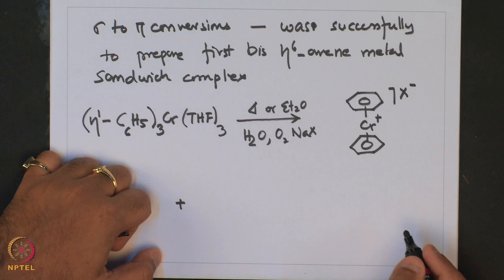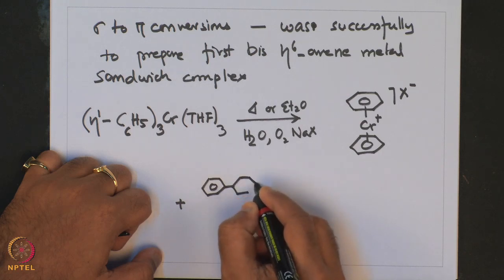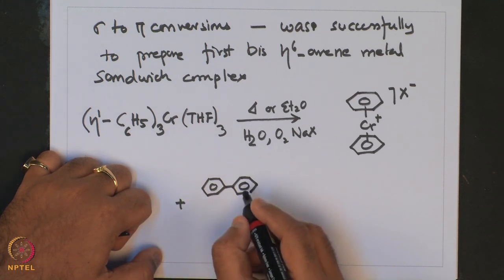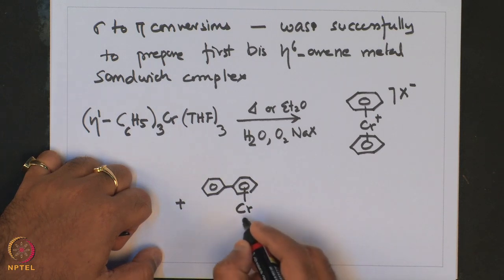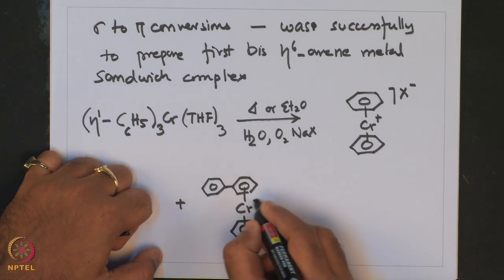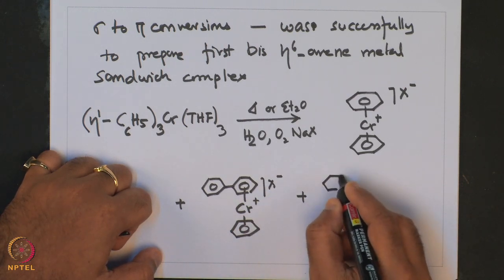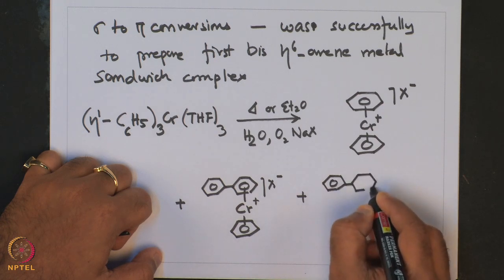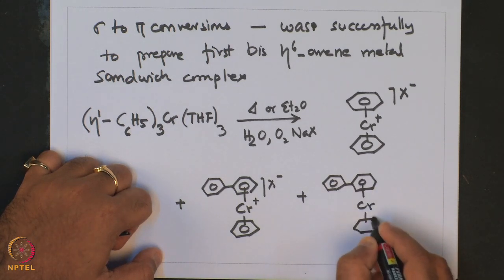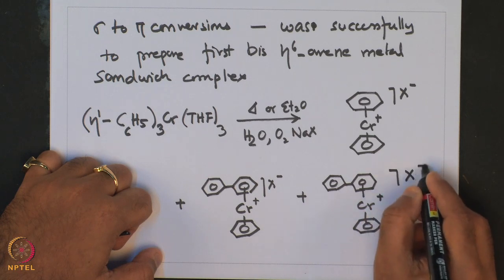plus biphenyl, C6H5 η6 C6H5 chromium C6H6 plus X minus, plus bis biphenyl type plus X minus.